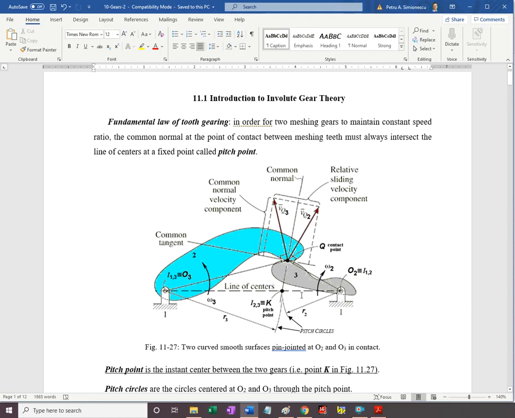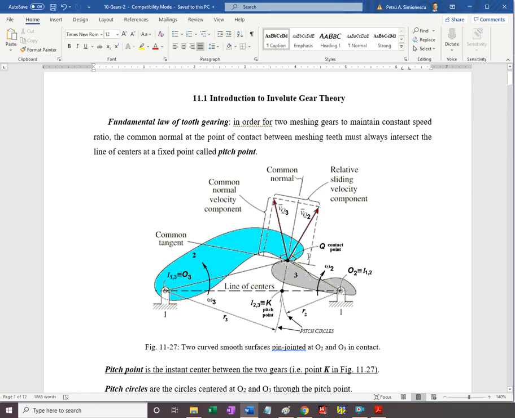Shown on this graph, it's also represented the velocity of the contact point from the perspective of gear 2 and of the contact point considered part of gear 3.